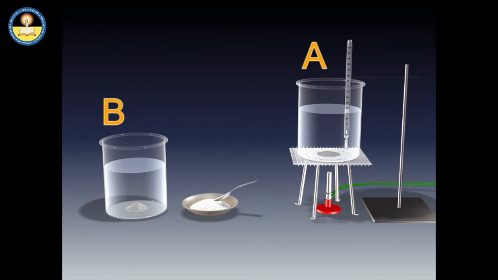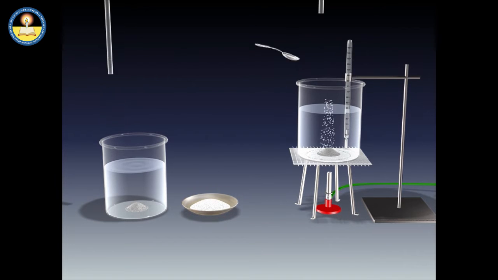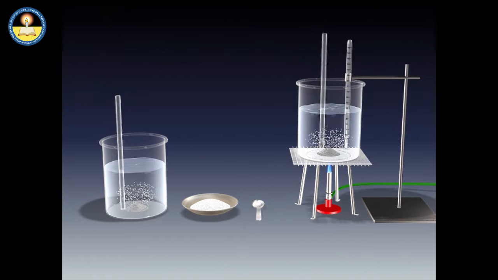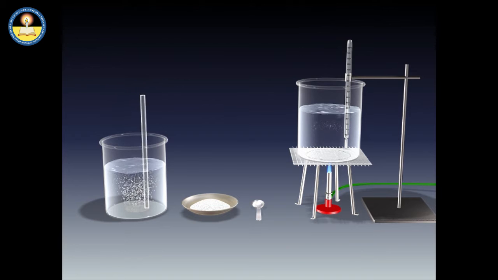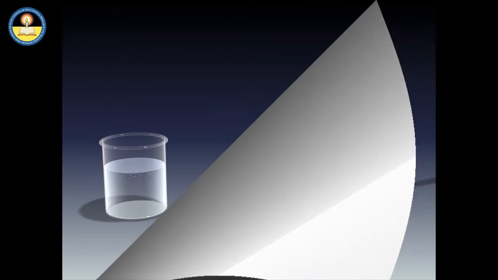The mixtures are stirred at the same rate. We see that the solid dissolves at a faster rate when heated. Higher the rate of stirring, higher is the rate of dissolution.